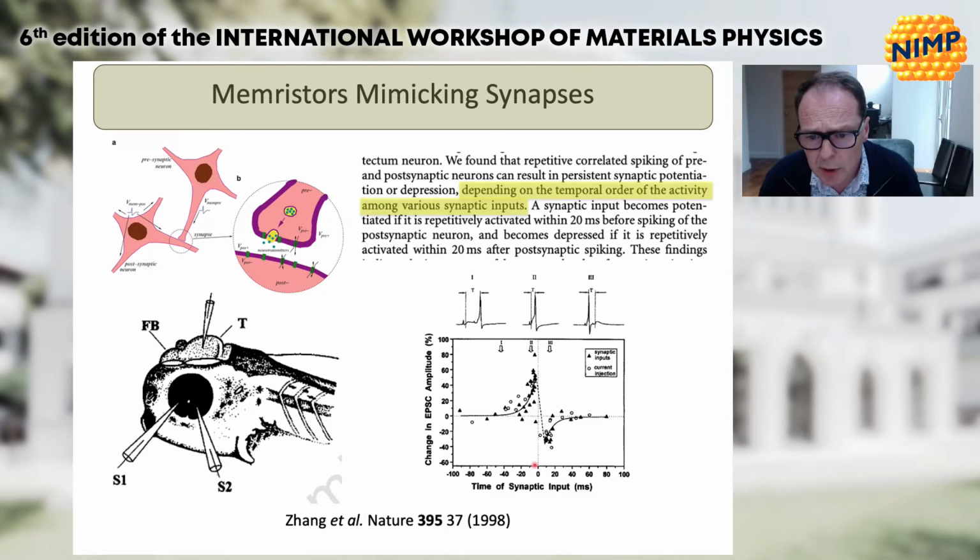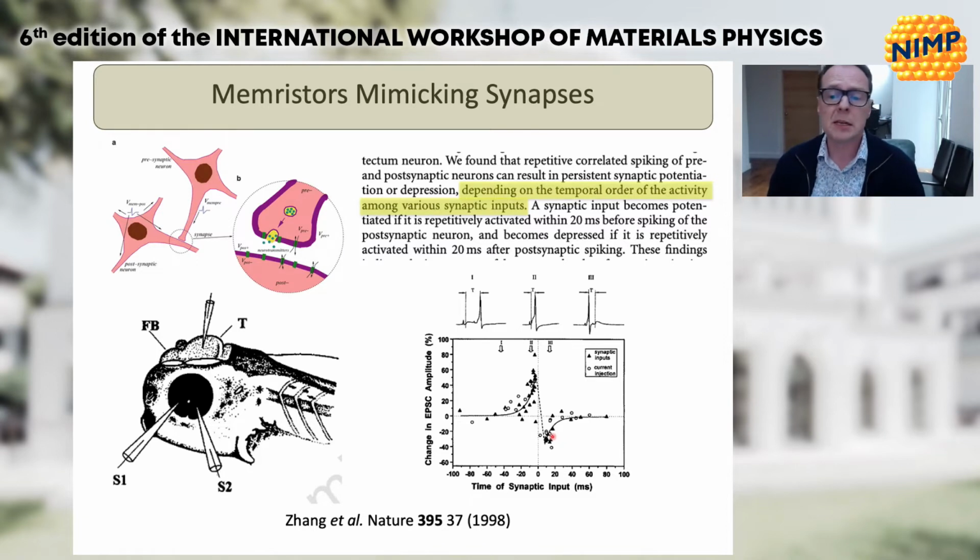So if you've got two voltage spikes that occur at exactly the same time, then it doesn't like it very much. But if you get voltage spikes that have a very small time difference, then the system adapts to either reduce the conductivity or increase the conductivity, depending on which is the pre and post synaptic voltage pulse.